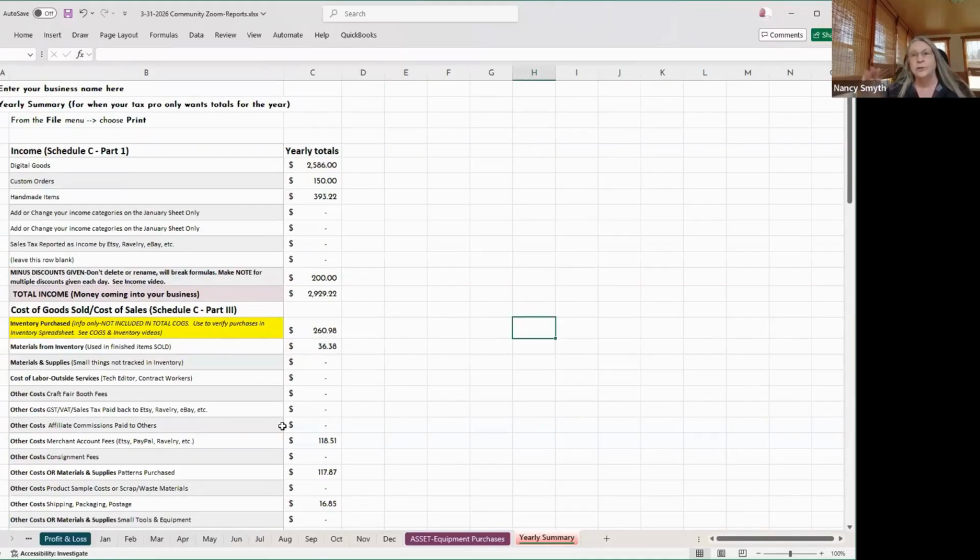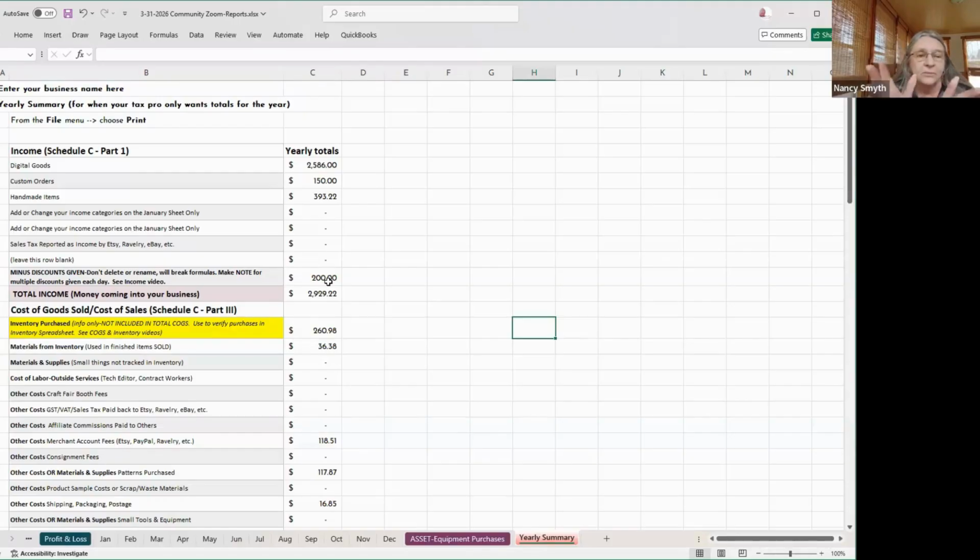So any of you who have the 10-minute bookkeeper, if you log into ThriveCart, download the newest version, that will be in here. I also put in password protected formulas, so you don't have to worry about breaking them anymore. And this one is super simple. It automatically transfers those yearly totals from your P&L over into this yearly summary.